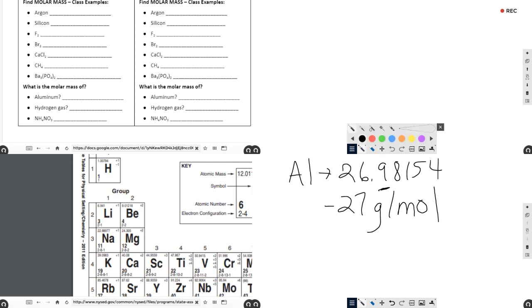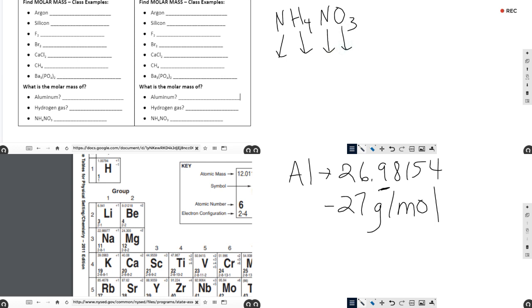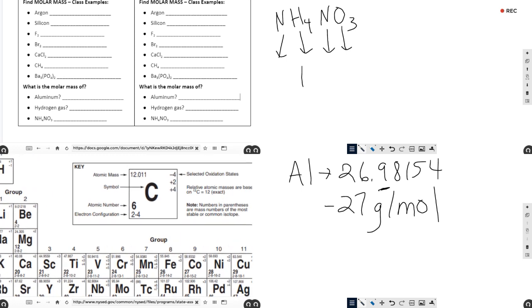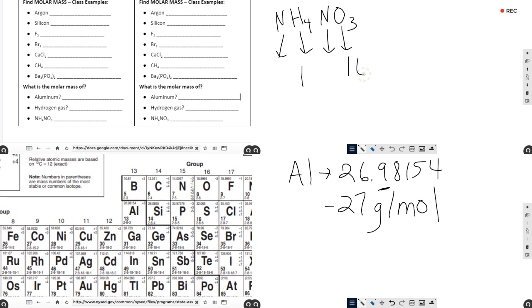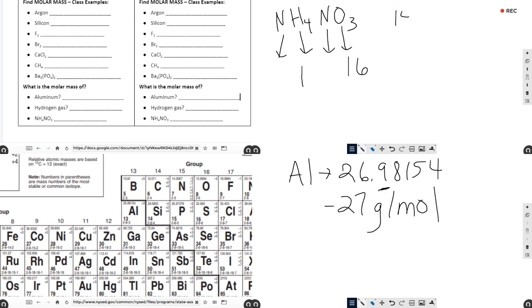All right, 1 more left. NH4NO3. So I have N twice, okay. H we just did, remember it's 1. So let's see, O, do you remember we did this one already? It rounded to 16. So N, we haven't done that one yet, so let's look at it. 14.0067, round to tenths.